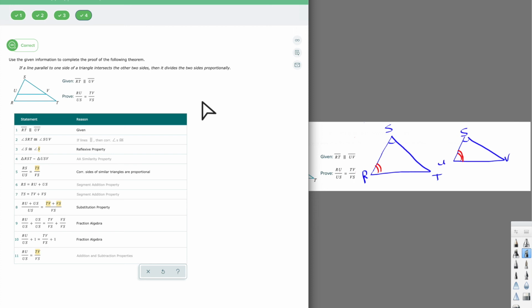But definitely segment addition, the similarity properties, or the congruence properties when we're in that section, and the parallel line properties, those do not go away. We use those all the time. This fractional algebra one does not come up very often, but it is a property. If I'm dividing a binomial by a number, I'm actually dividing both numbers by that number, so I can split it into fractions, things like that.